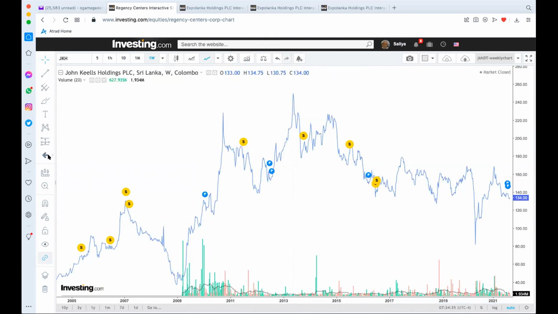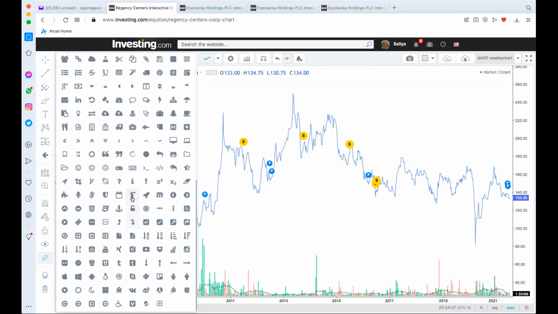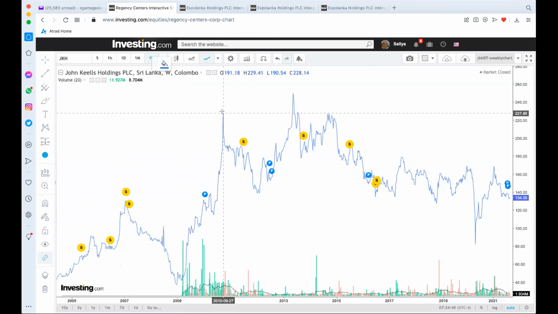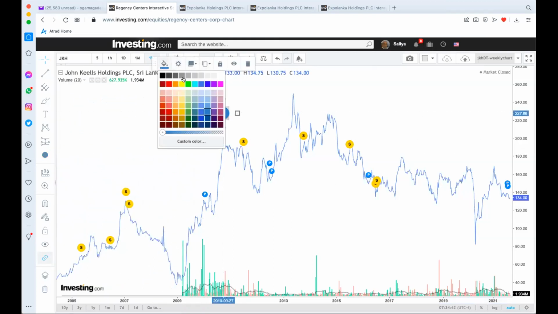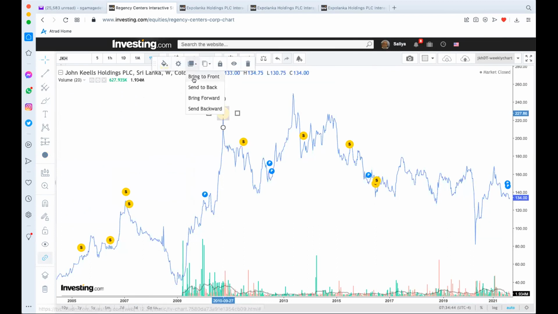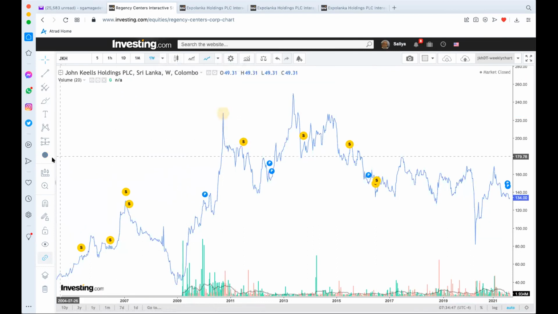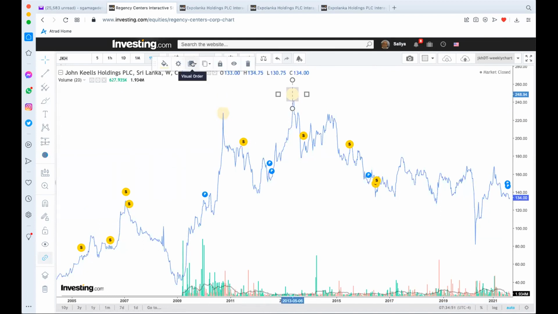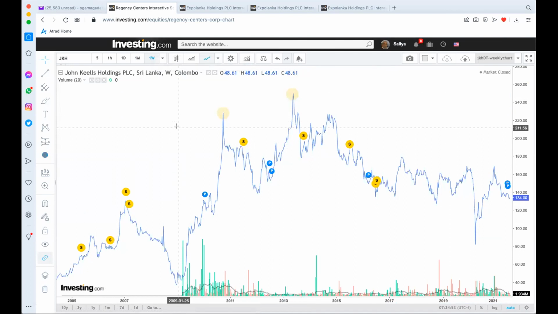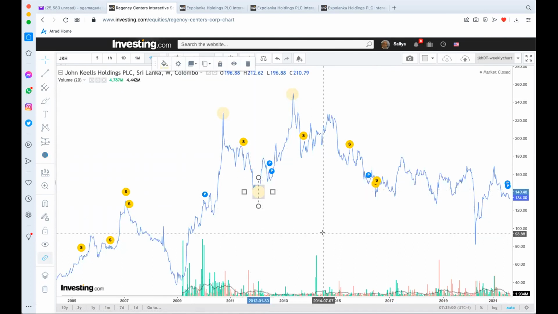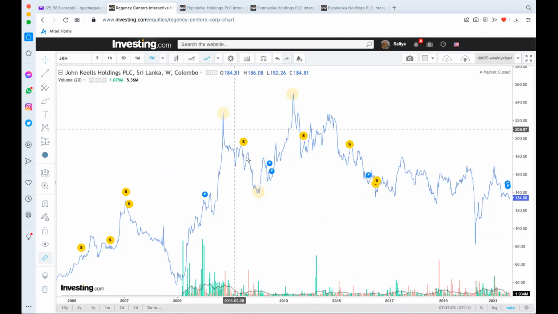You have this top, and you have this top. Then you have the low, the bottom in that valley. These are the 3 points that we want in this pattern.